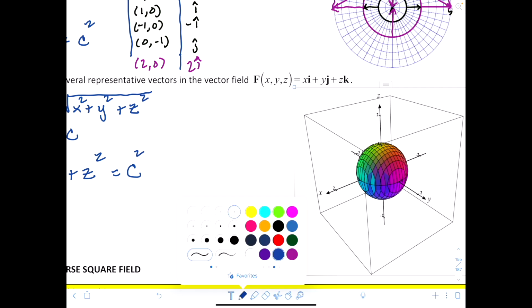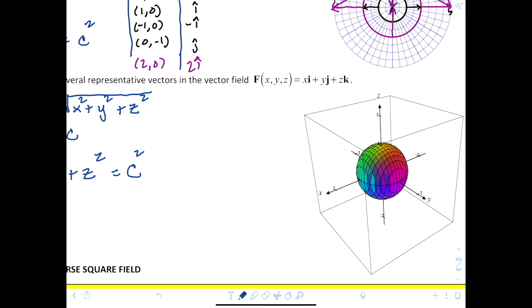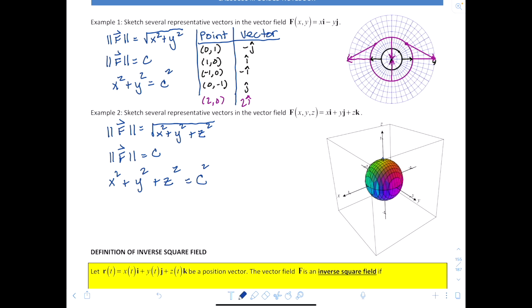All right, so then what's going to happen here is it's pretty cool. These are just going to be going up, right? What's their magnitude going to be? So if this is for c equal to 1, if we look at the points and the vectors, you've got 0, 0, 1, and x squared plus y squared plus z squared is 1, and then the vector would be what?